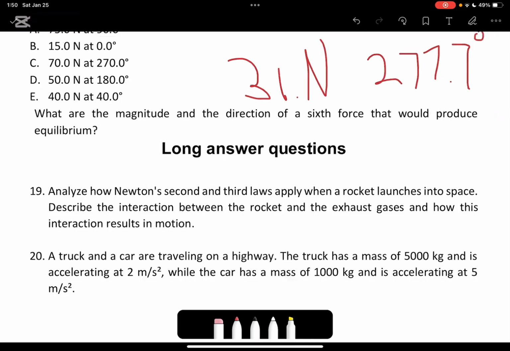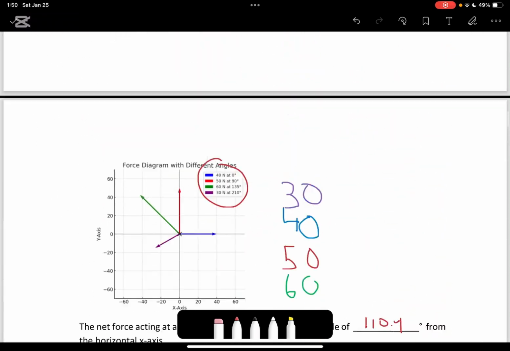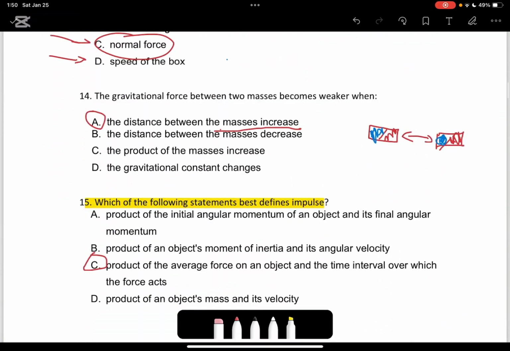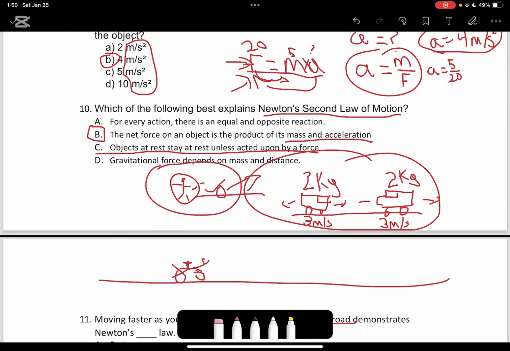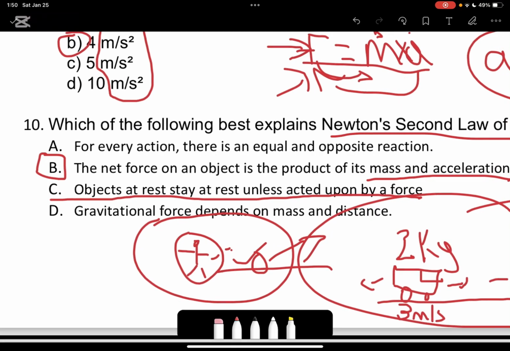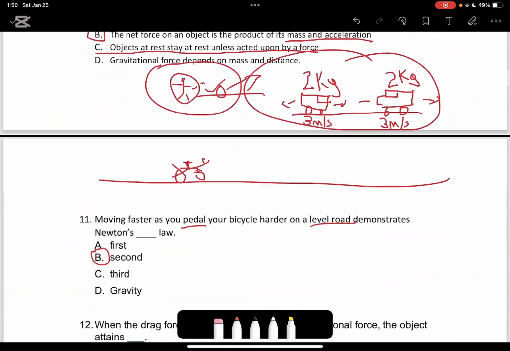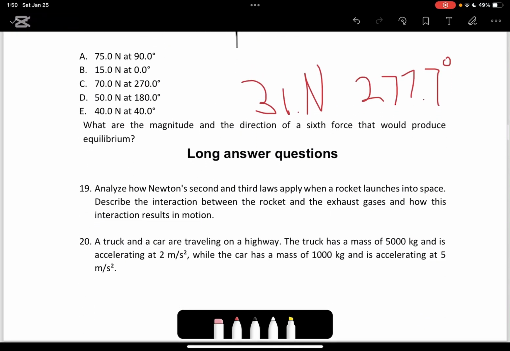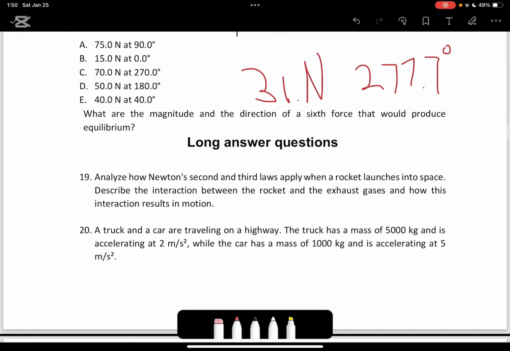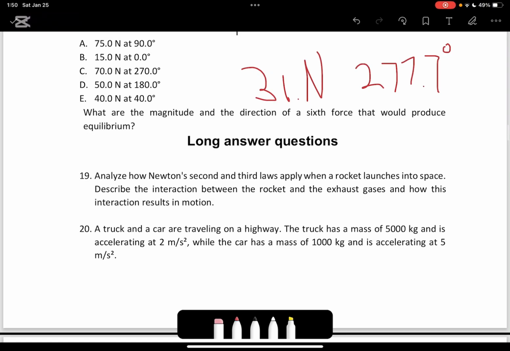Newton's 3rd law, let's go back so you can be familiar with it: for every action, there is an equal and opposite reaction. Describe the interaction between the rocket and the exhaust gases, and how this interaction results in motion.